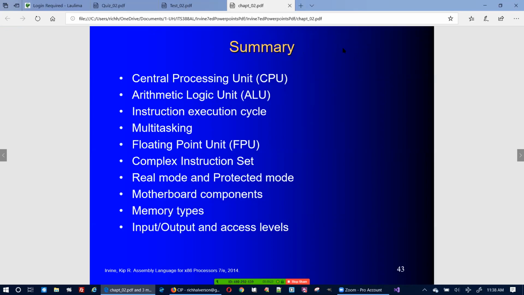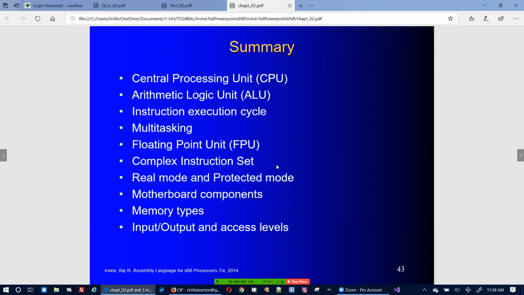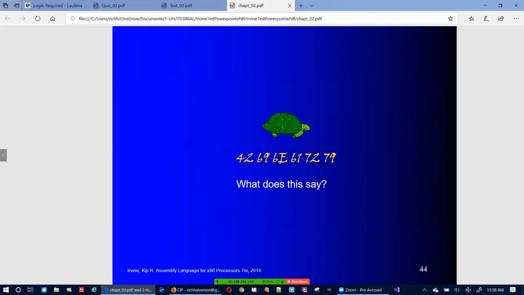So, central processing unit, let's see, I've shown you everything, went through the slides. The complex instruction set, you're going to have to know all the instructions. We haven't really covered any instructions yet. Memory modes. You're going to have to know a little bit about memory modes in this class. Not that much here.